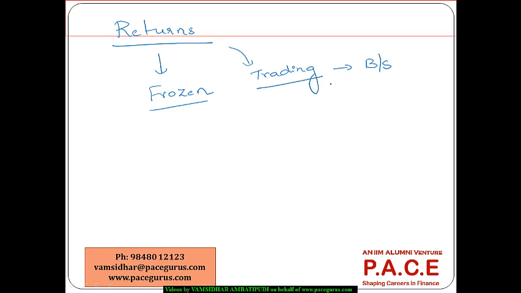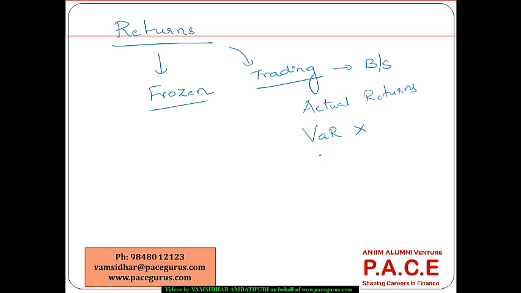The actual return contains all the intraday trades, profits, fees, commissions, spreads. All these things are included as a part of the actual return. So which means there is a difference. So for the computation of the VAR, I will not use the actual returns.